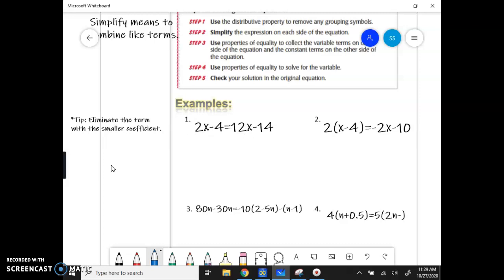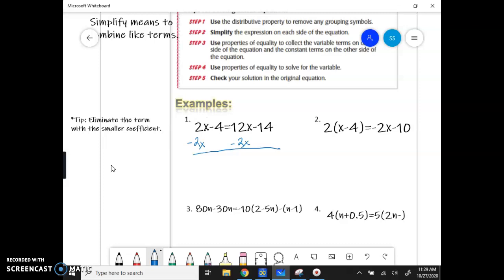If we decide to eliminate that one and subtract 2x, I think that's going to help you out in the long run, because then you're always going to have a positive coefficient. That might save you some time later by not having to divide by a negative number.